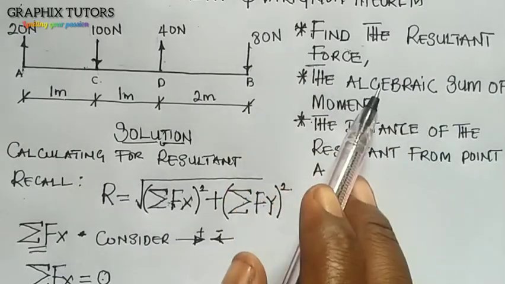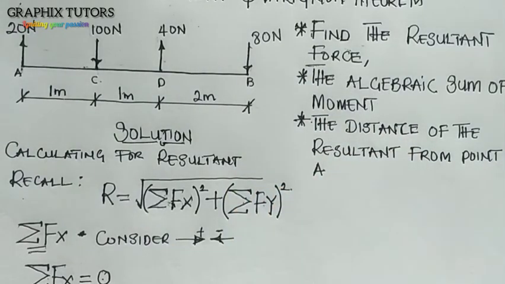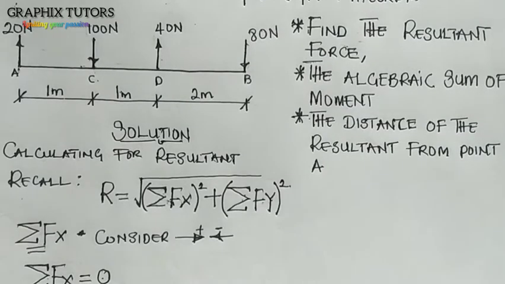Now the next thing is the algebraic sum of moments. So calculating the algebraic sum of moments now. I would love to do it at this side here, so we can be working with the figure we have here. Let me just rule here.